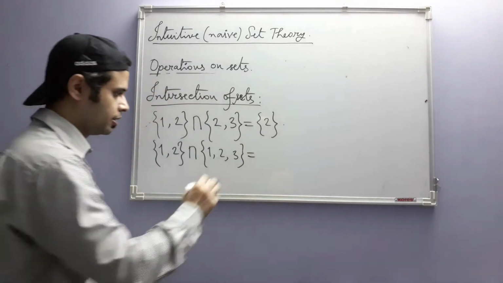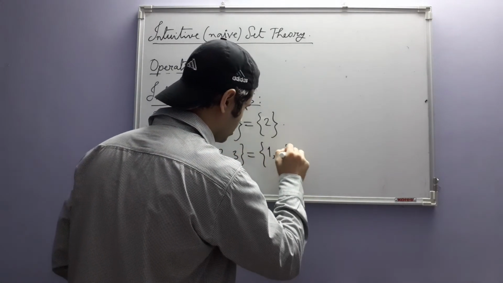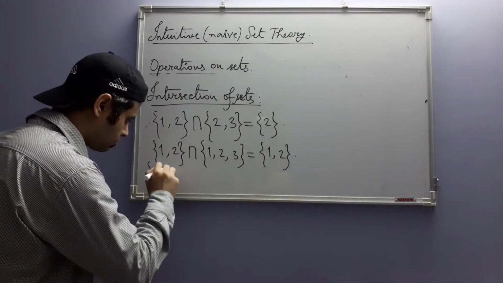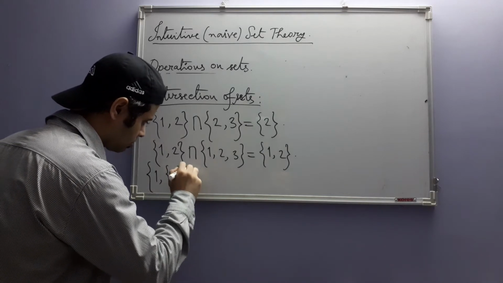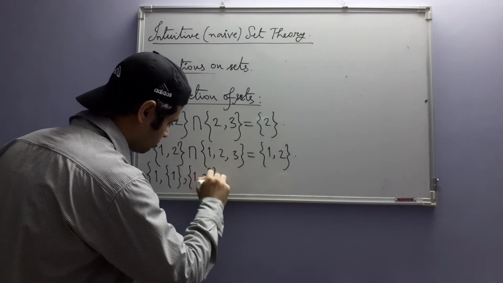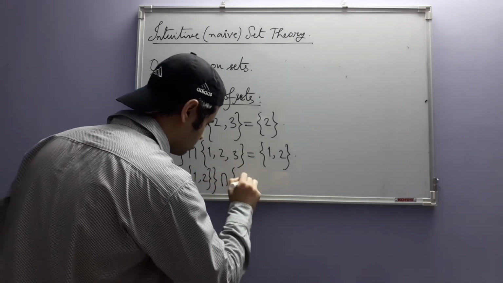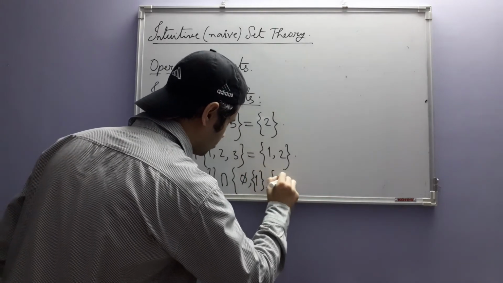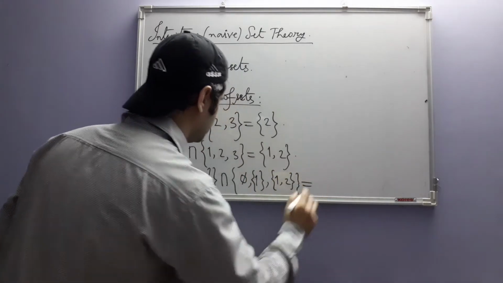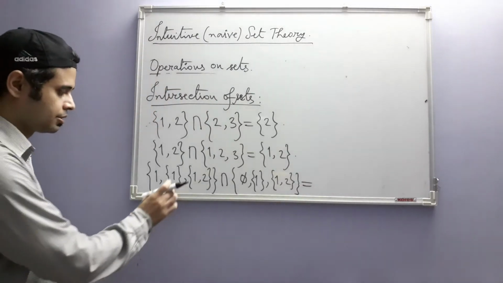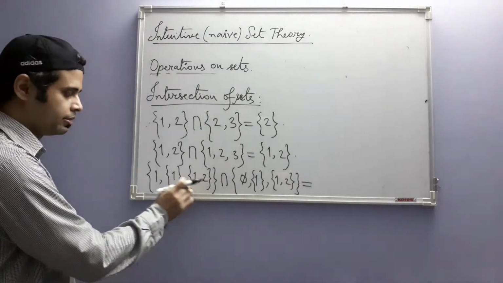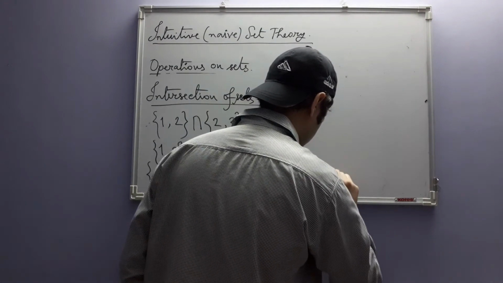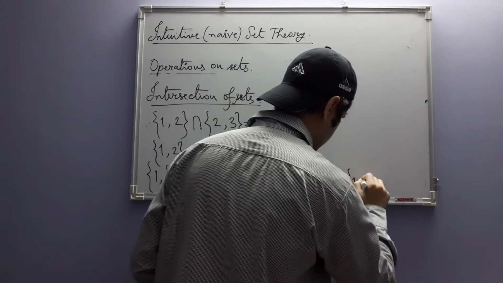The common elements only. So 1 and 2 are common. And what about that complicated one? Here there are two common elements, the singleton set and this two element set. 1 and empty set are not common. So in this case, this is the intersection.